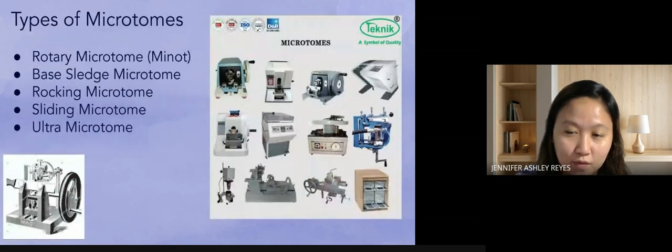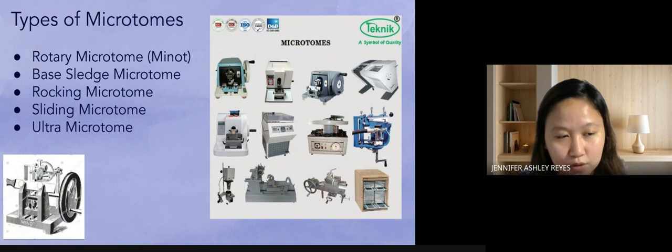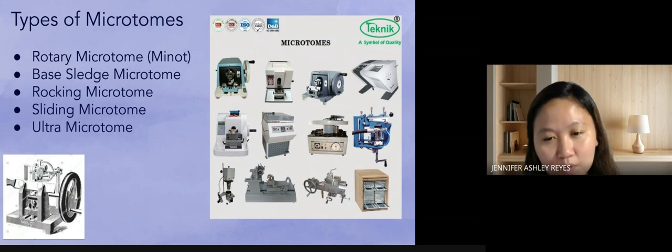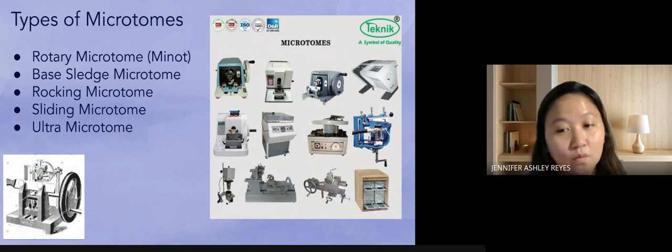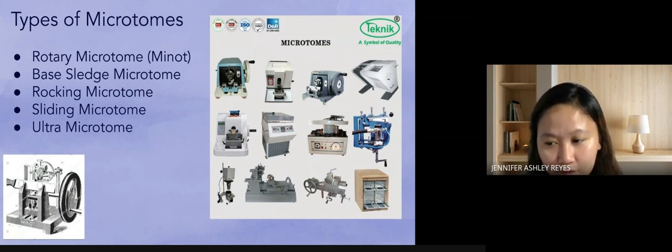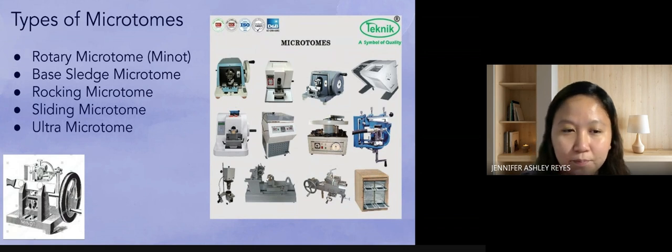We have several types of microtomes. Not all microtomes are created equal. They have different approaches, and these are usually the main types of microtomes that you will see. They have specific purposes for different expected tissues in the laboratory.